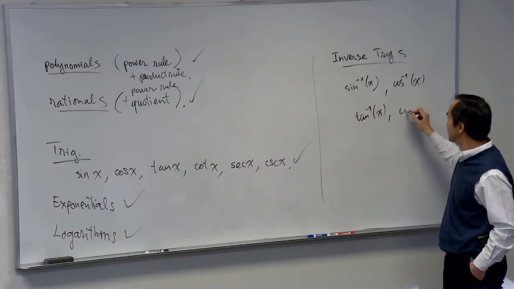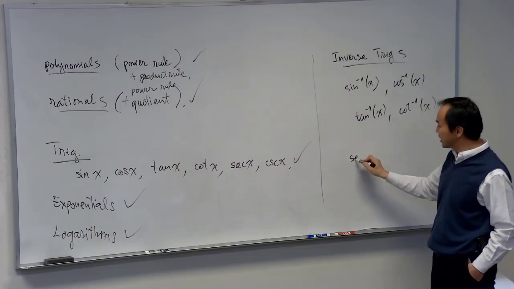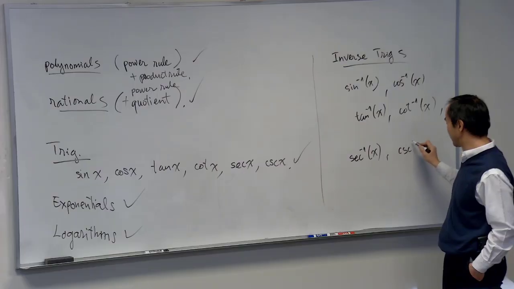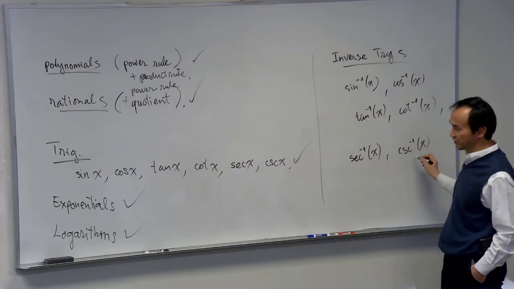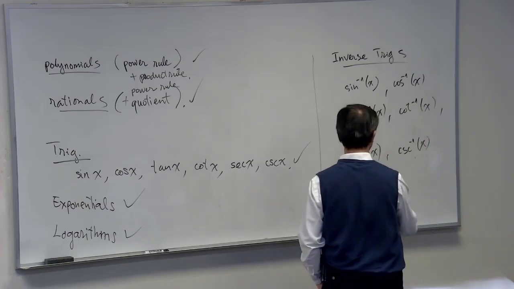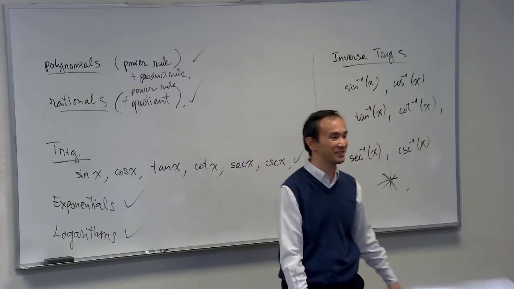There's a cotangent inverse as well, and also the secant inverse and then the cosecant inverse. The six fundamental trig functions all have their inverse functions. See what I'm saying now? That's what we are heading into now, and that's our goal for that family.